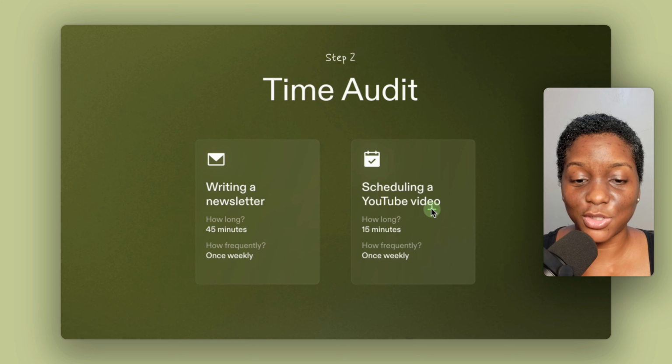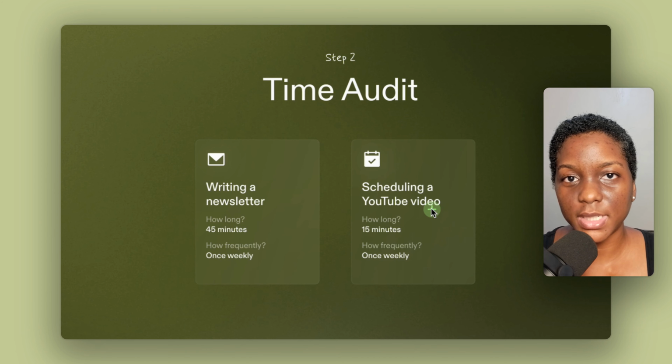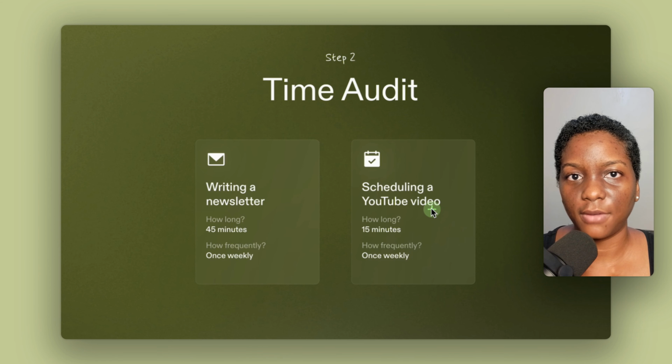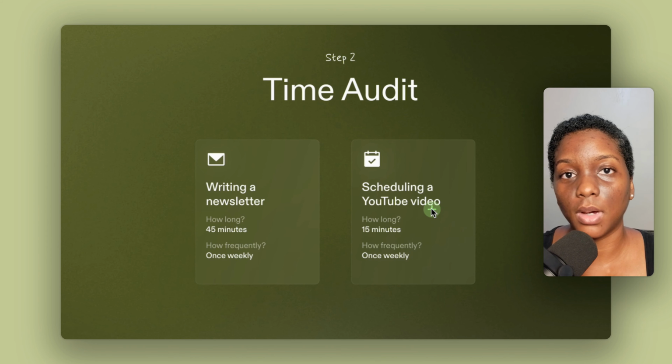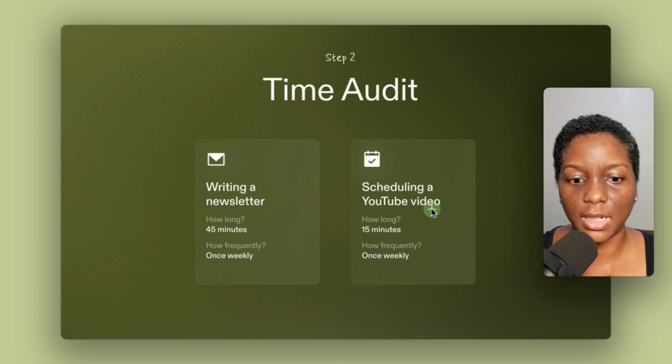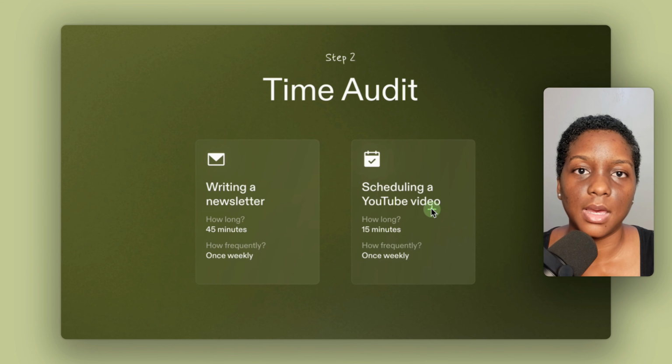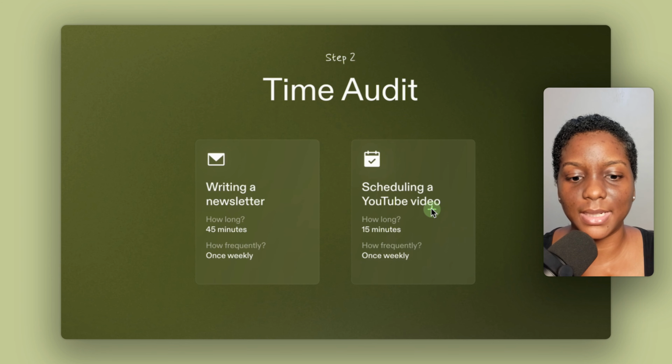This step is so important, and one of the main reasons why it's so important is think about when you are about to hire someone like a virtual assistant. Let's say the virtual assistant is going to be taking care of all of your scheduling tasks.